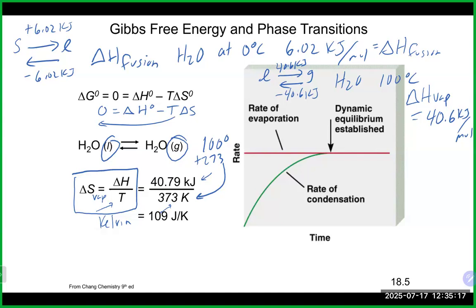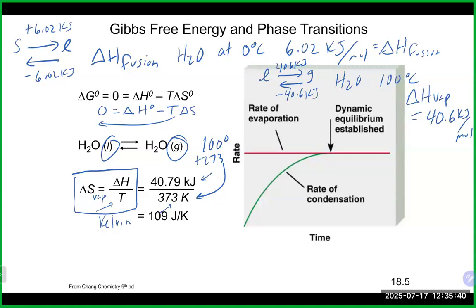That is going to be our entropy of vaporization, and it is a positive number in this case. And that does make sense because we are going from liquid to gas, gas being a more disordered state. We would expect our delta S to be a positive value in that case.